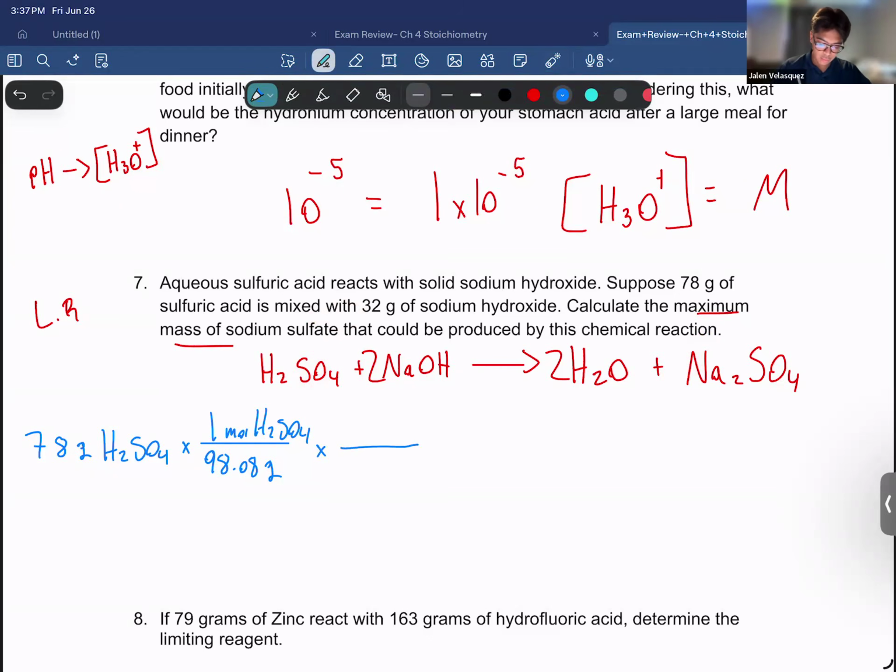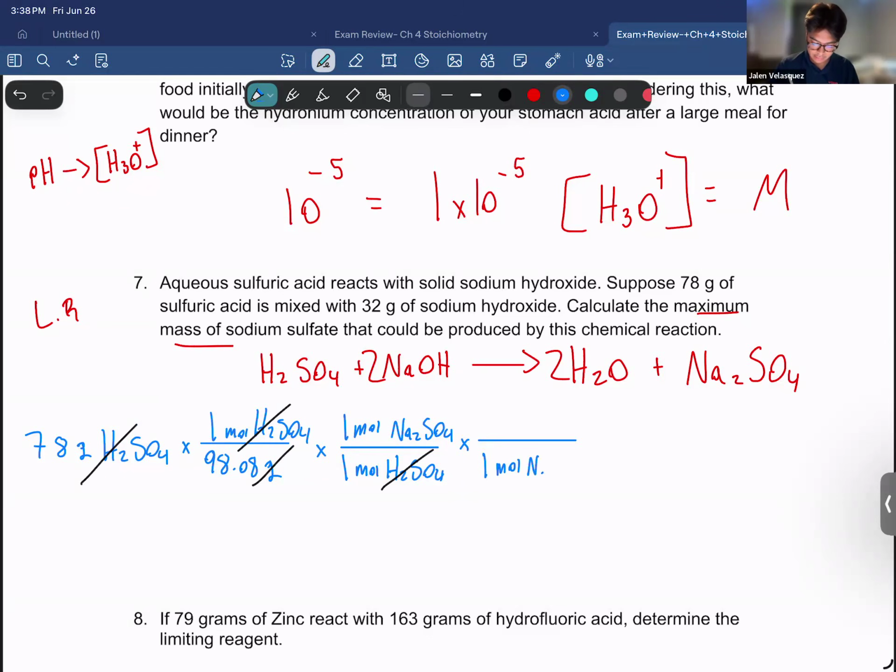So going from mole to mole, again, we have to use the molar ratio. So we have a 1-to-1 ratio. Now that I'm in the moles of sodium sulfate, I can go to the grams of sodium sulfate by again using molar mass.